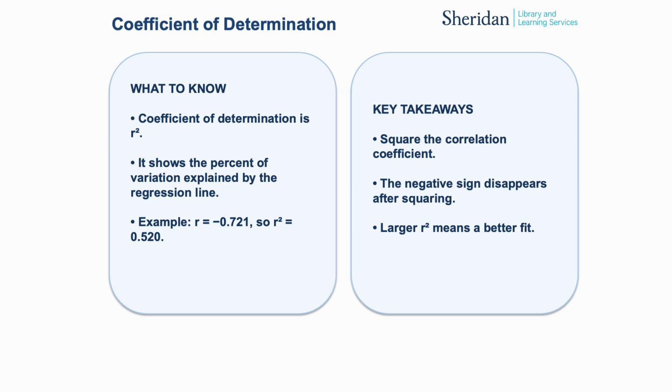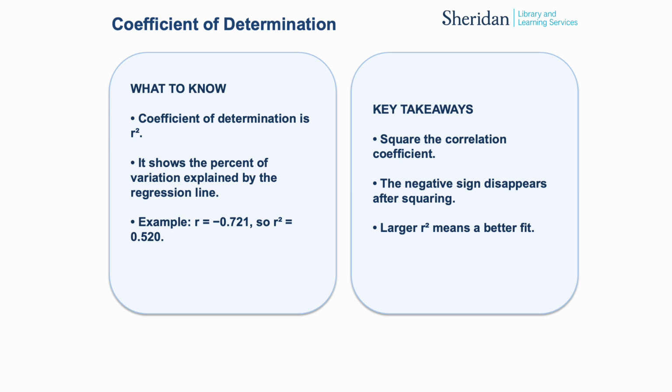So that means 49% of the variation in the dependent variable y can be explained by this linear relationship with x. The remaining 51% of the variation is explained by other factors, random variations, or variables that are not included in our model.